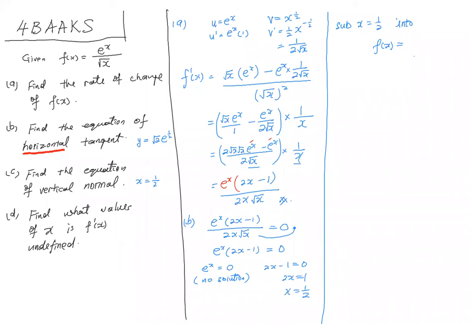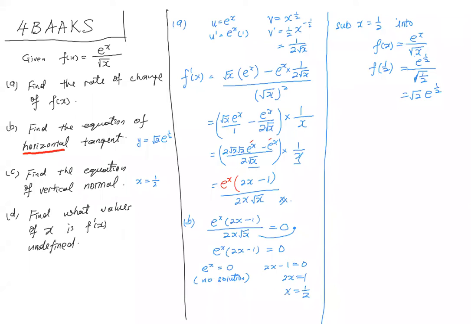Okay, so f'(x) equals half into this f(x), correct? Thank you. Okay, so I have f(1/2) equal to e to the power of half divided by square root of 1 over 2. So that's why this is root 2 e to the power half.